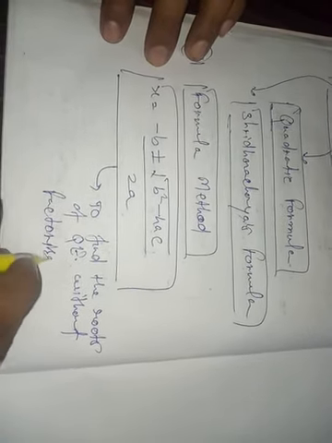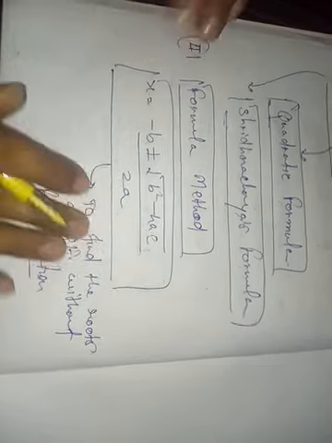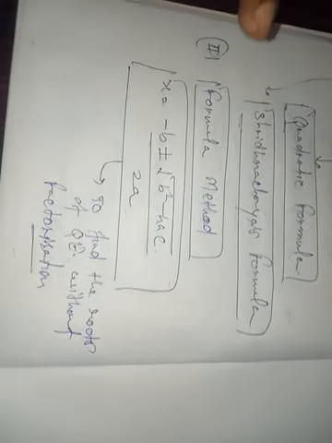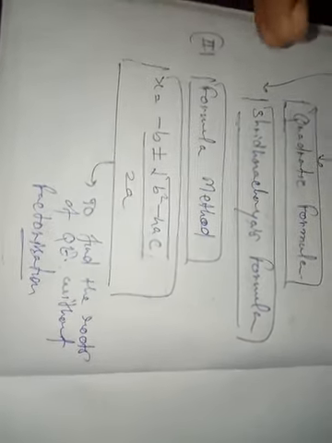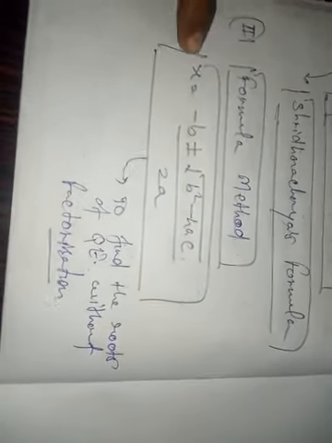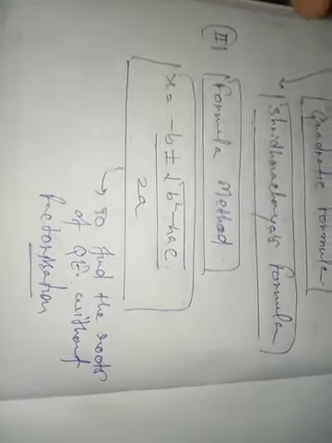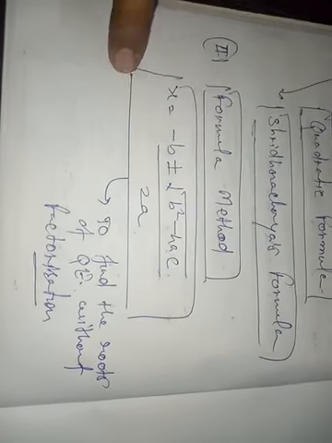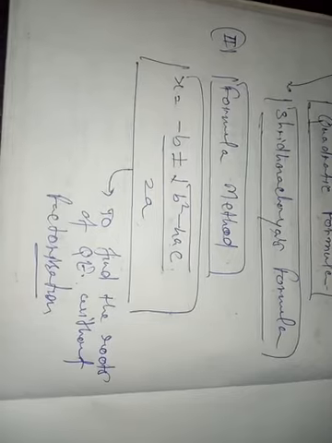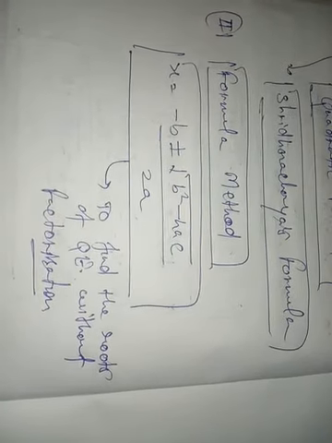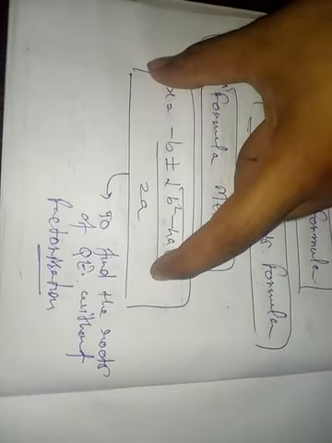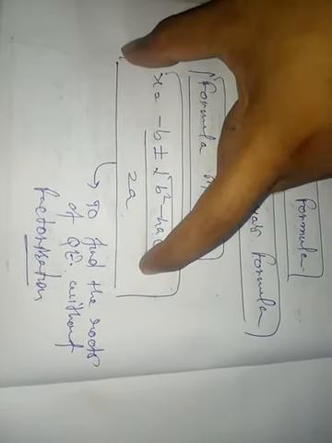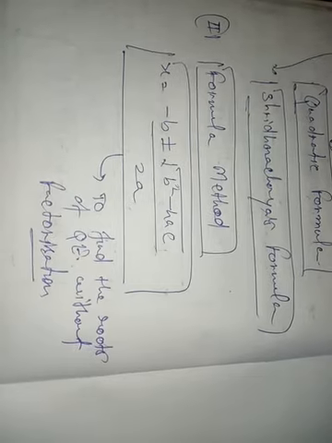So by using the formula method, you can find out the two roots of any given quadratic equation without factorization. Although you have got this formula through factorization, that is the completion of square, which I have derived on the last page. So this is the particularness in this method. By the completion of square method, we have derived this formula, and we can directly use it to find out the roots without factorization.